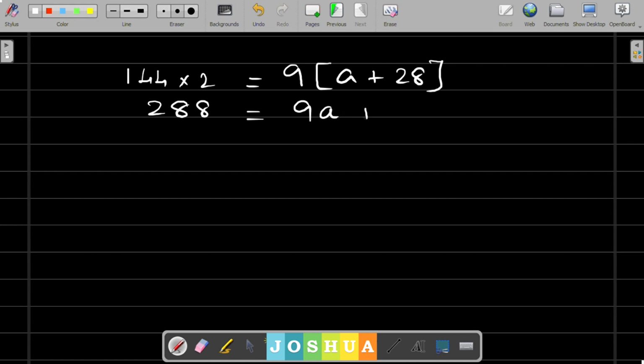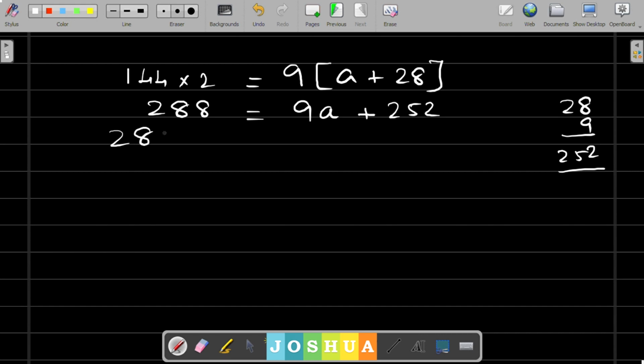So 9A plus 28 into 9. Very simple one, 10 tens are 280. In this one you have to subtract 28, or you do it in a separate way, 28 times 9. So 9 eights are 72, and 2 nines are 18 plus 7, 25. So in this case 252. Bring the value to the other side.